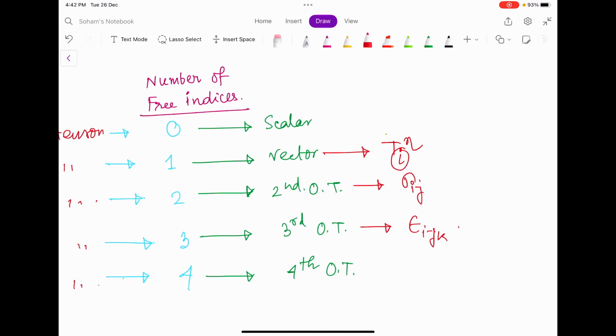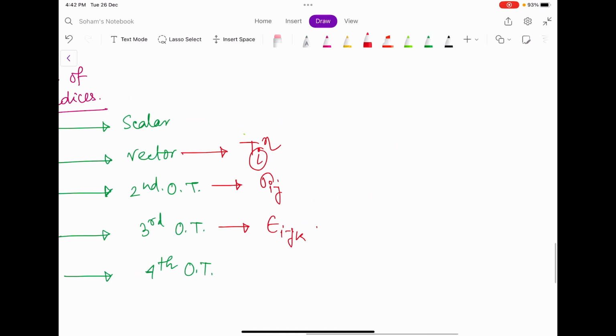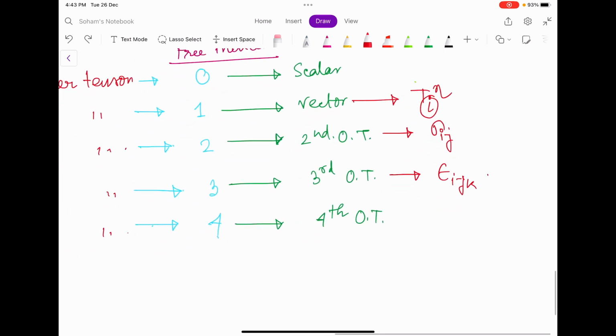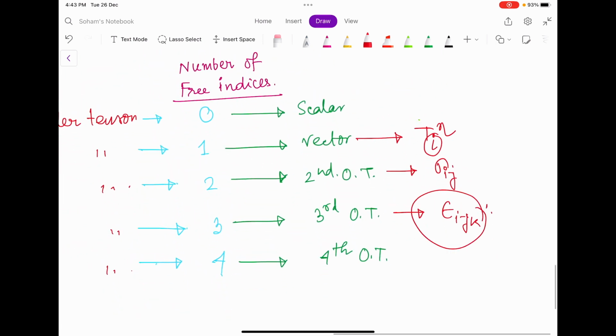The application of this epsilon tensor is when you use the curl, or a cross b. So you can look for these tensors in any of the books or on the internet.